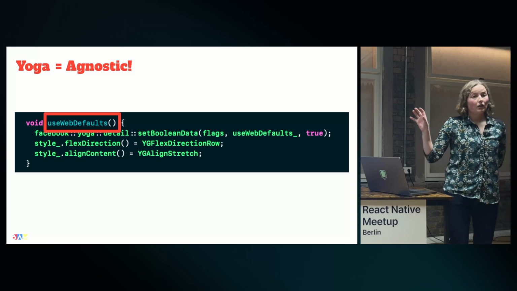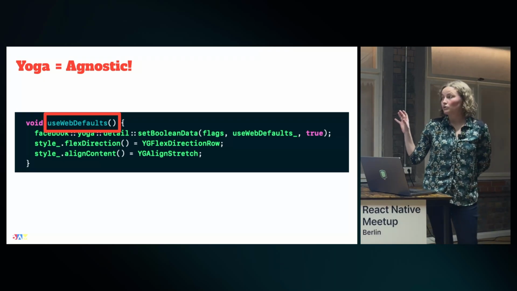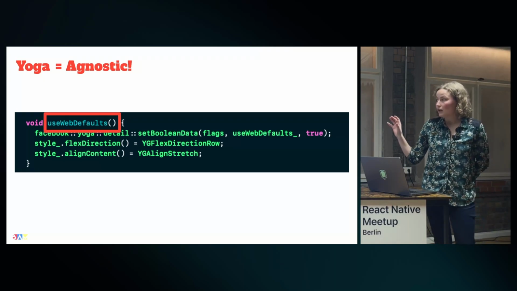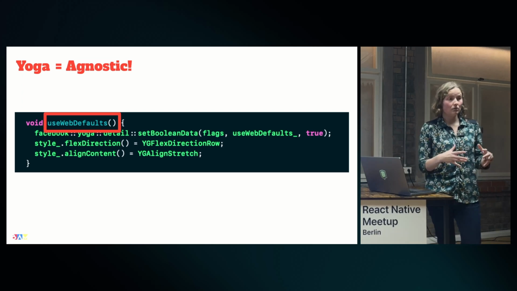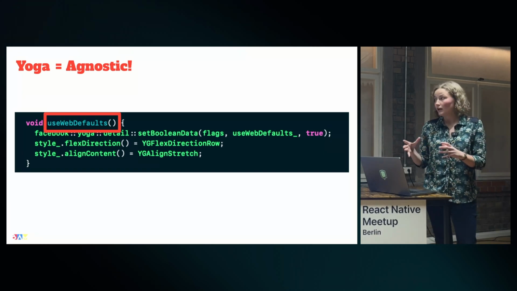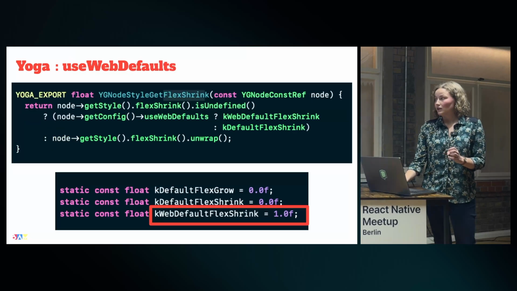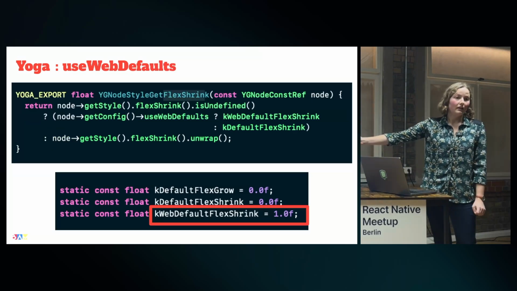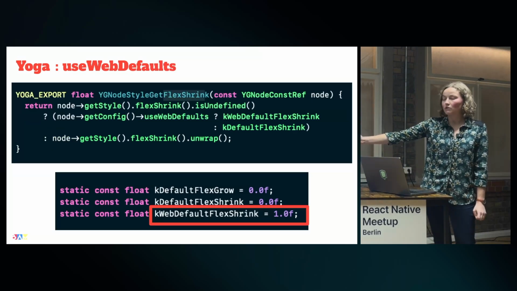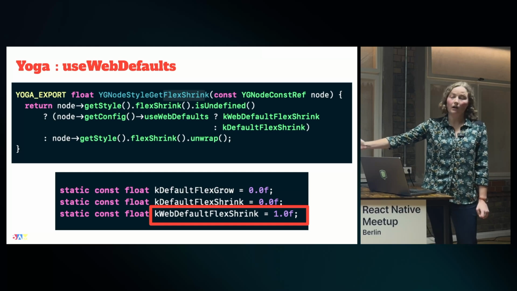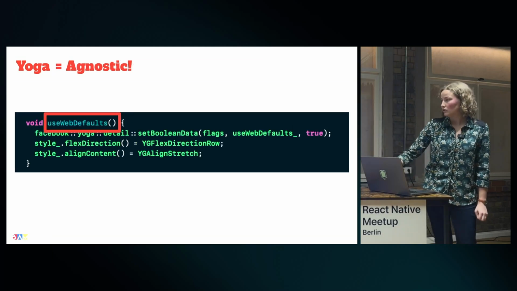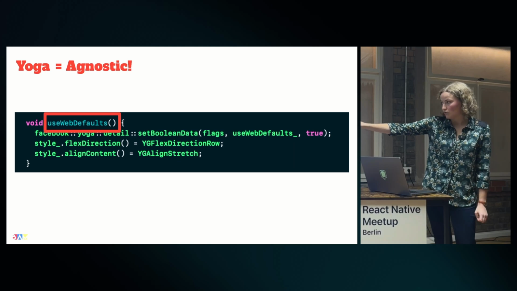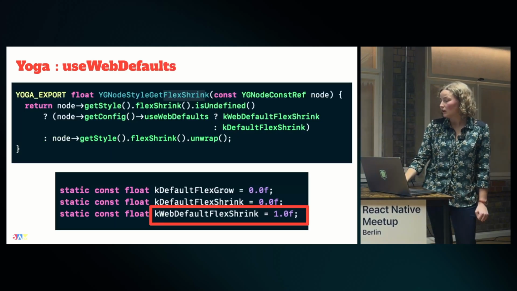So they have a configuration called use web defaults inside of the code. It's a Boolean you can choose in your Yoga configuration, and nicely it resets the flex shrink factor to 1 everywhere in your code, along with also doing the flex direction row by default when you use it.